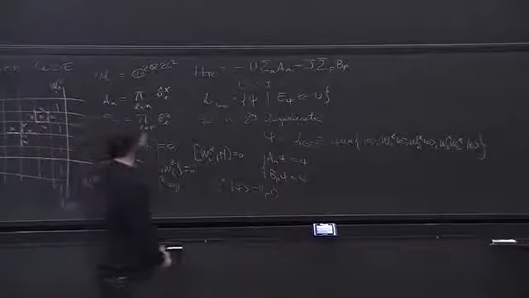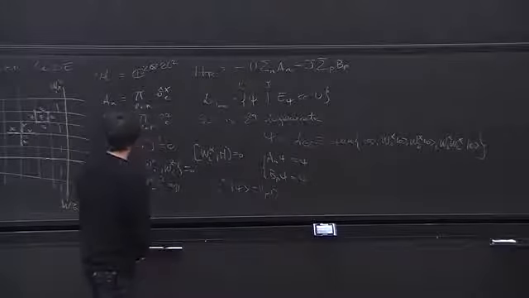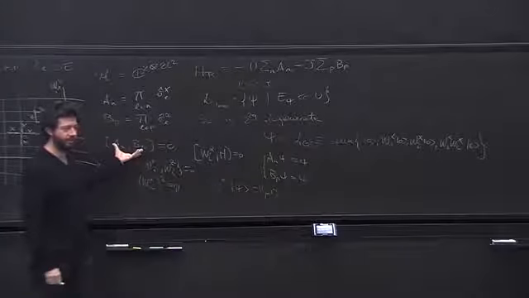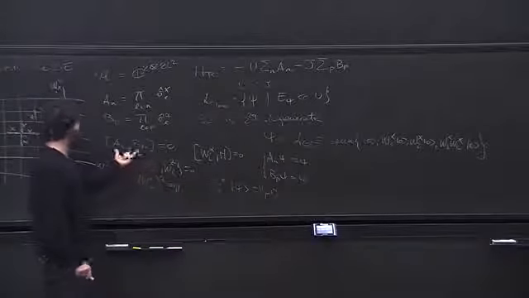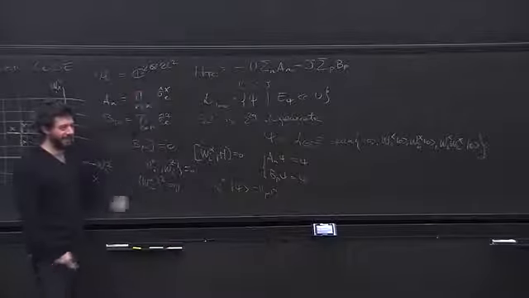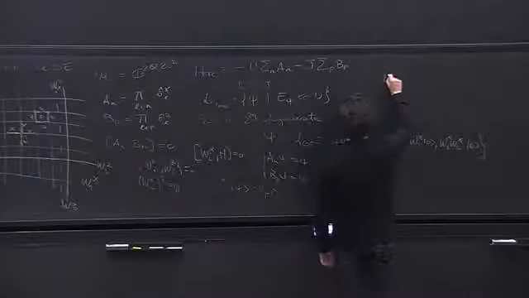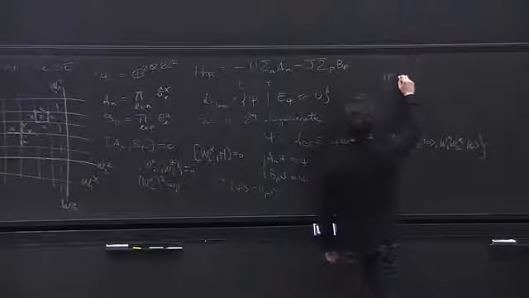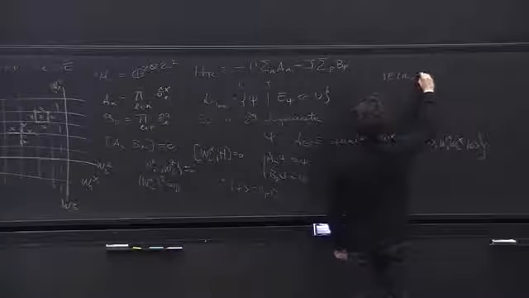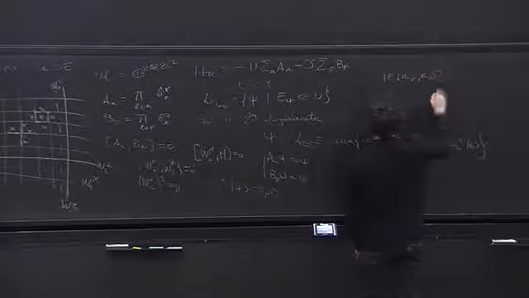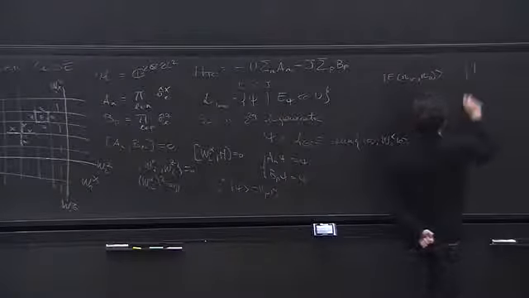So what are the eigenstates? This Hamiltonian is completely solvable because it's just the sum of commuting operators. So what are the eigenstates? Well, in these quantum numbers, the Hamiltonian is already diagonal. Can you see? So the eigenstates, let me label them by these two numbers, are given by this set of states.